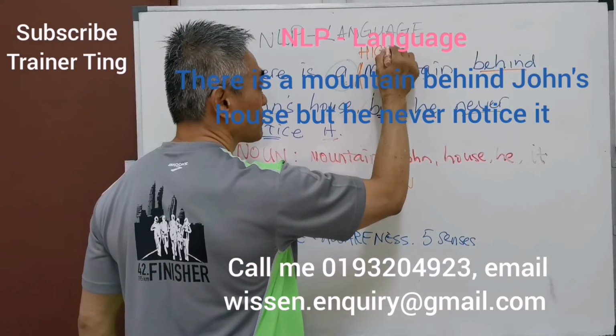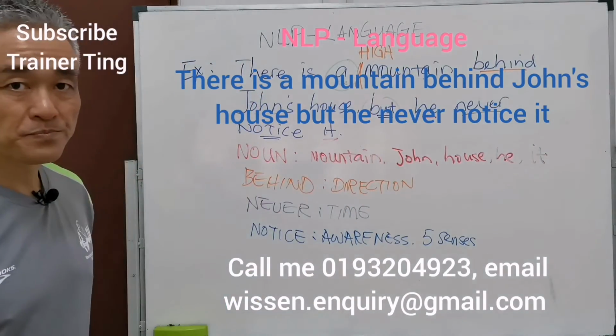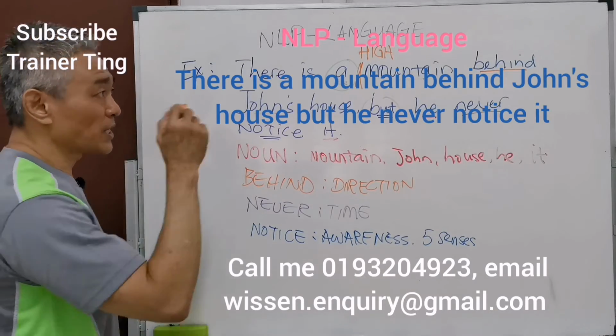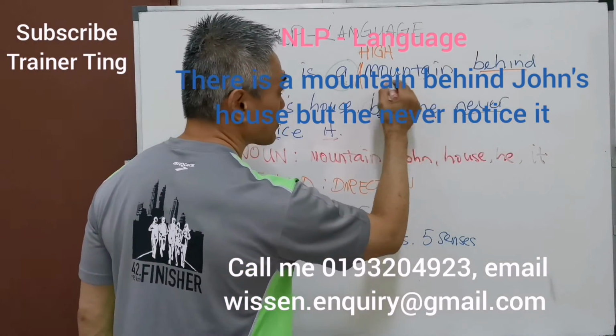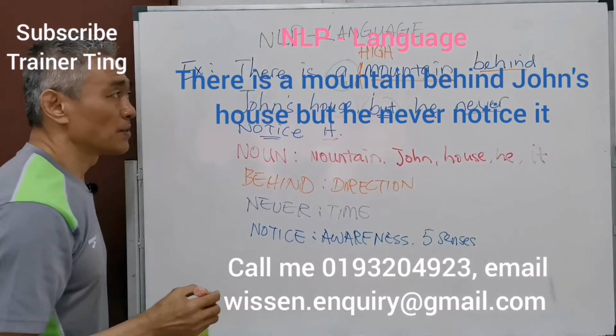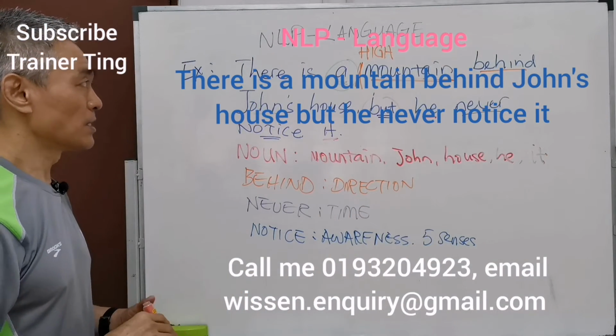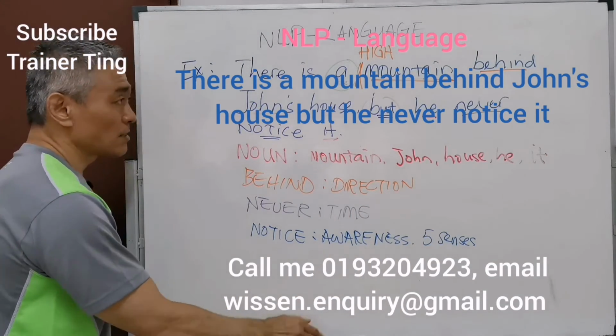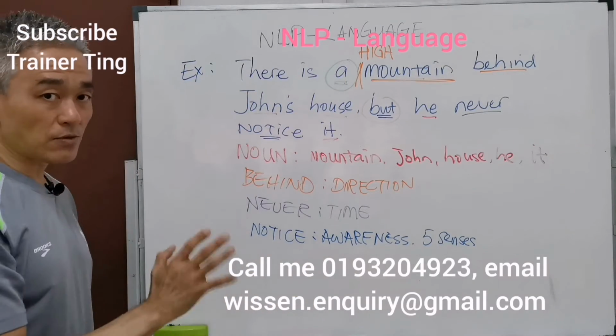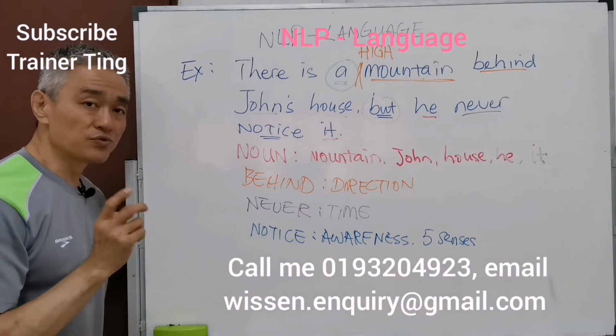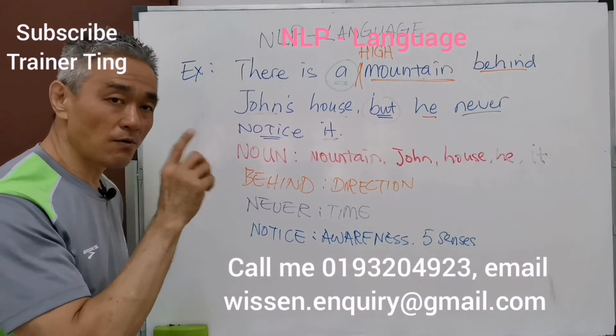So this is an adjective. We put an adjective onto the mountain. So this is a high mountain. So from here, NLP language helps us to really understand the statement of another person.